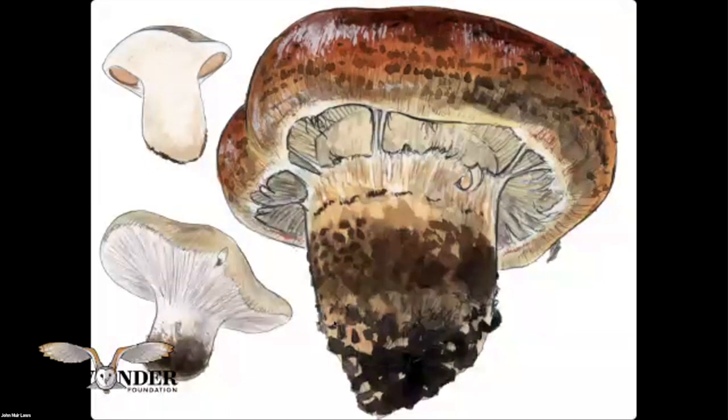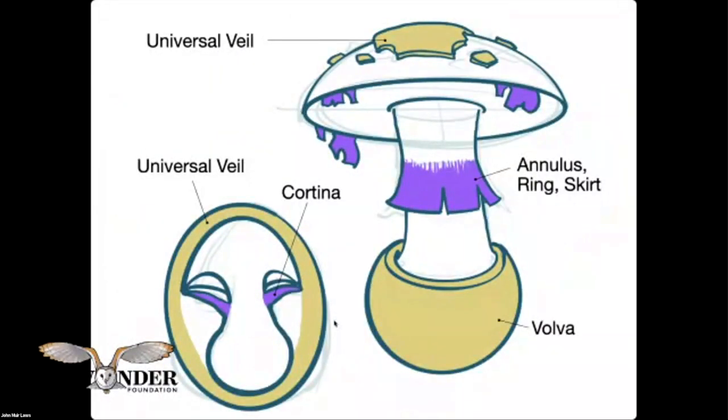On the big nugget there, you can see those little gills on the inside. And again, those are our parts. That little cortina is that part we just saw on the Cortinarius genus. Cortinarius is a genus named because it's got a really overzealous cortina.